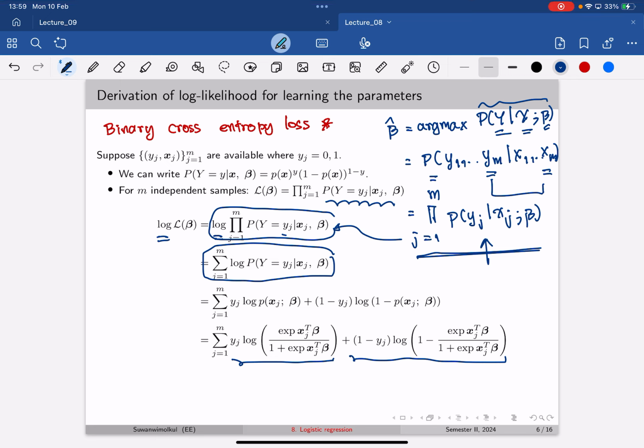So after we have this log of probability value, we can then start to think about what it means if we were given a sample X, and then we have this probability of being class Y. Actually, I shouldn't have written it this way.